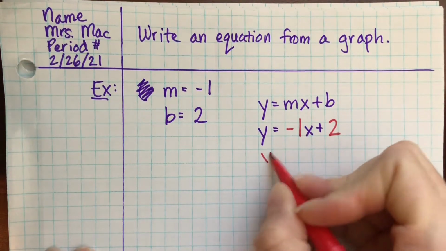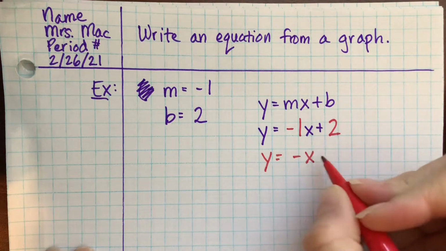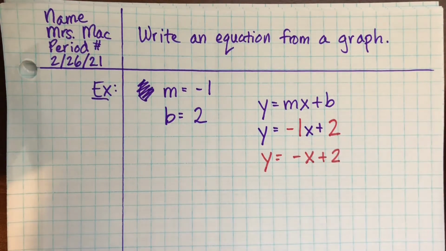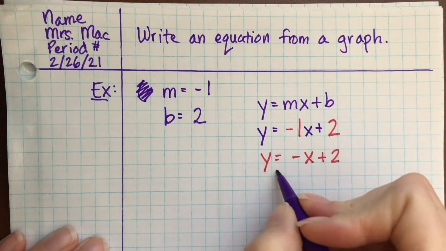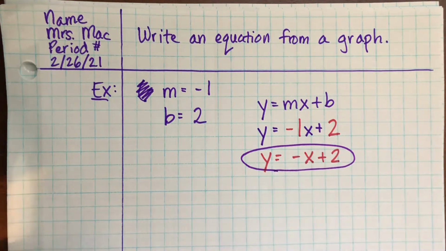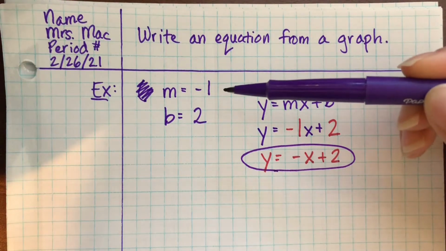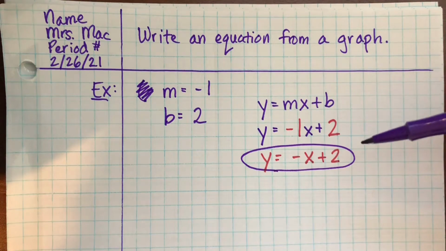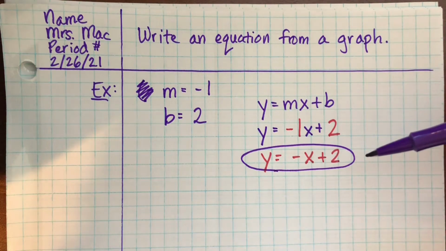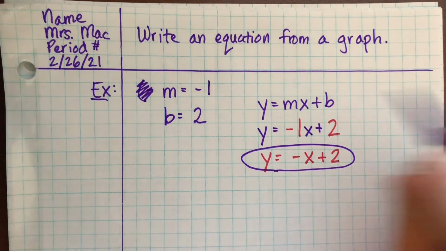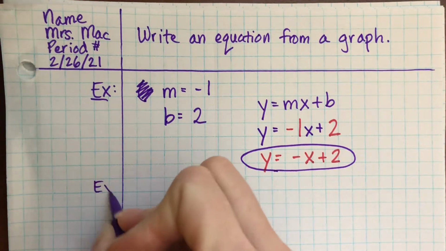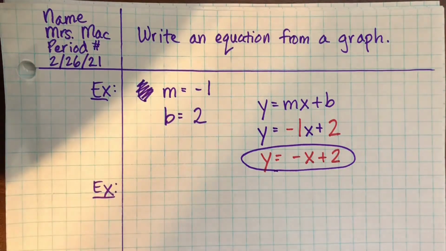So I'm going to rewrite this equation as -x plus 2. So given the slope and the y-intercept, I can write the equation of that line. Okay. Now let's take a look at a graph and write the equation for that.